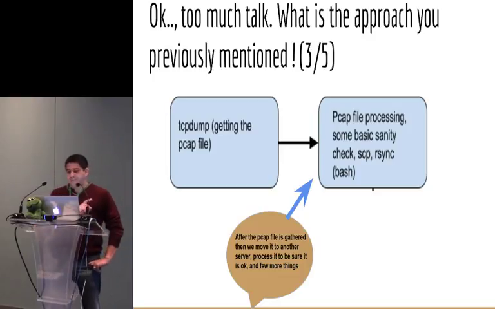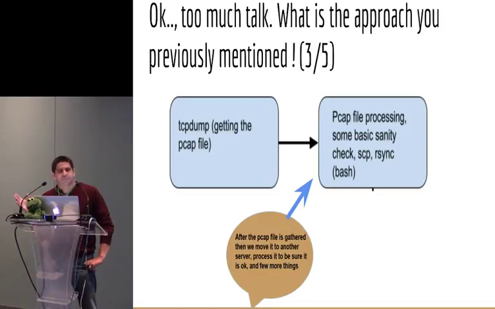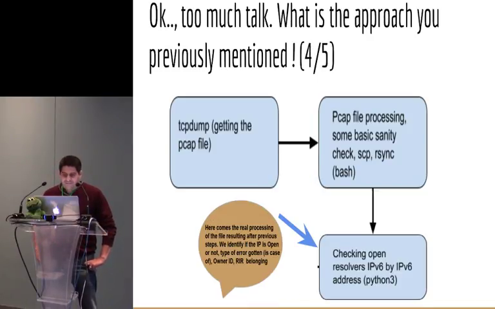With TCP dump in the first step, we are getting about 5 million packets per day at this moment. Maybe it is not that much, maybe it is not less, but it is a good number for our research. Finally, one more time with Python, with the DNS library, we are checking every IPv6 address that we obtained in the previous step to see if it is an open resolver or not.